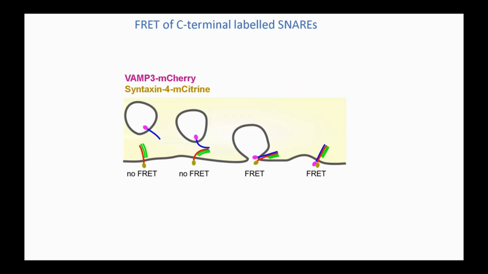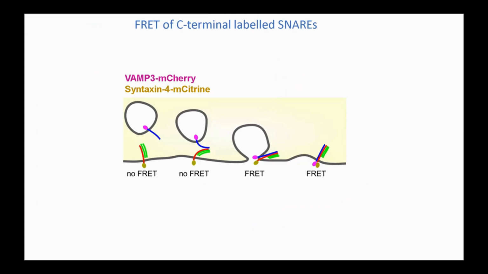So the idea is the following. You express in cells cognate SNAREs fused to a donor fluorophore, mCitrine, and an acceptor fluorophore, mCherry. And then before fusion, you see no Förster resonance energy transfer. And then after fusion, you get Förster resonance energy transfer.